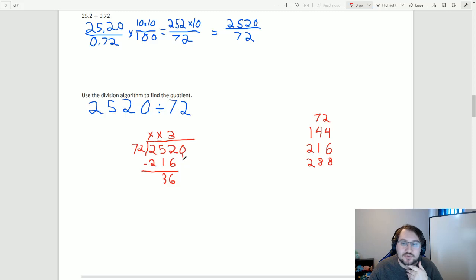So now I need to pull down this 0 that I have here. And I need to see how many times 72 is going to go into 360. Okay. Well, I haven't found 360 yet, and I haven't gone past 360 yet for any of these numbers here. So let's keep counting. After 288 is going to be 360.